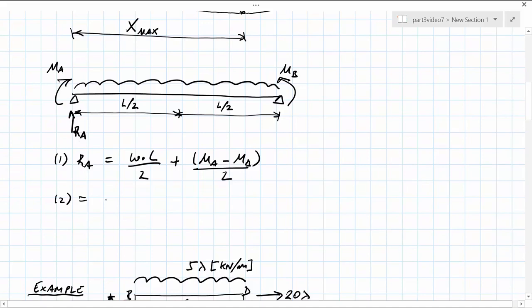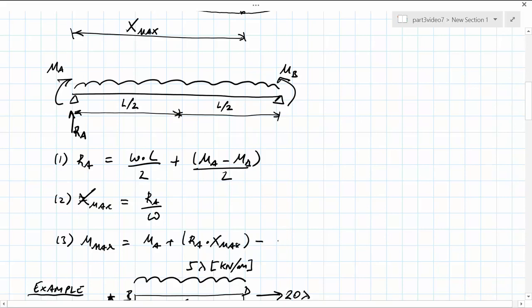The location of the maximum bending moment is given by X max, and that's equal to RA over W. And finally, M max is given by MA plus RA times X max minus W times X max squared divided by 2.